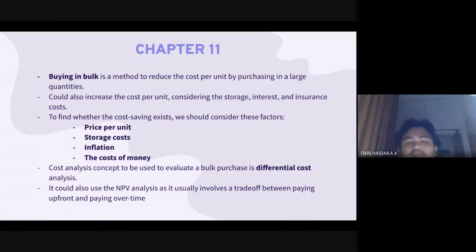The cost analysis concept that could be used to evaluate the bulk purchase is a differential cost analysis, or it could also use the NPV analysis, as it usually involves a trade-off between paying upfront and paying over time.